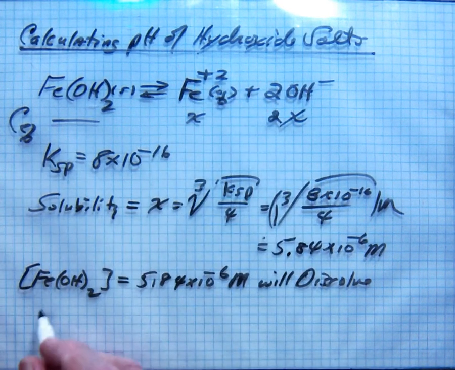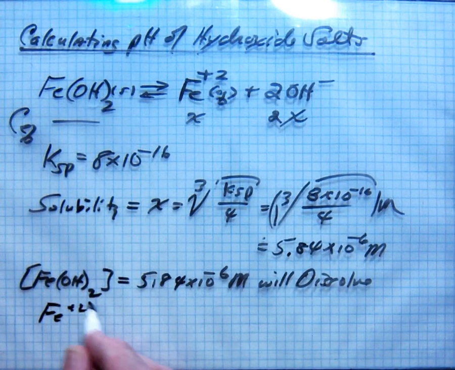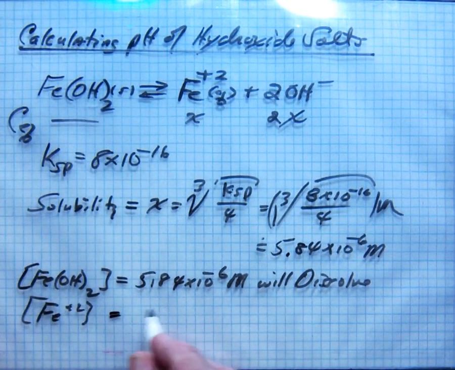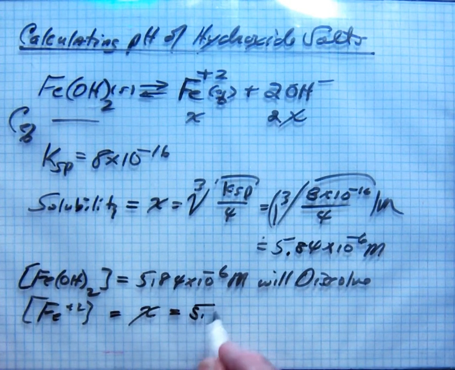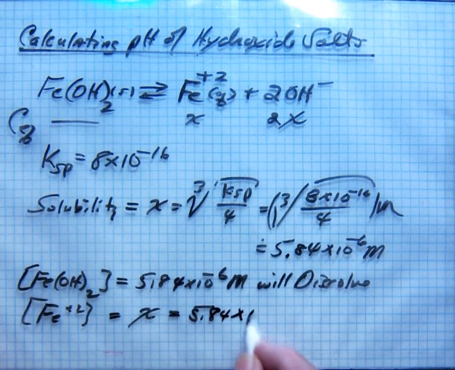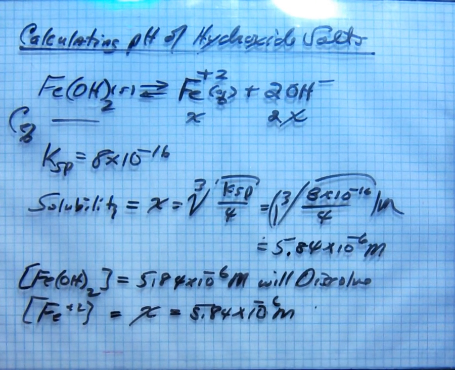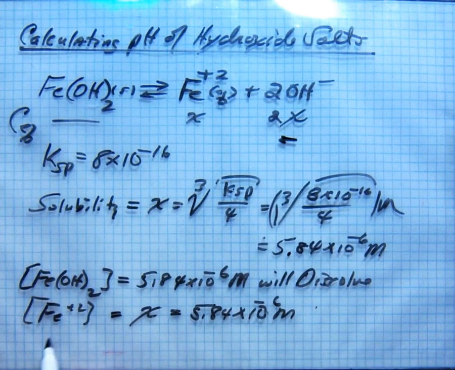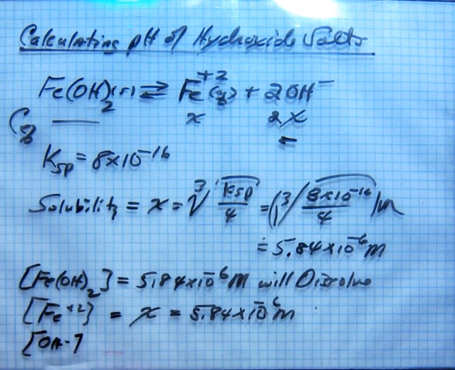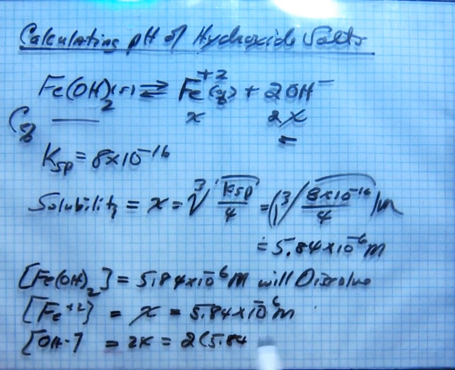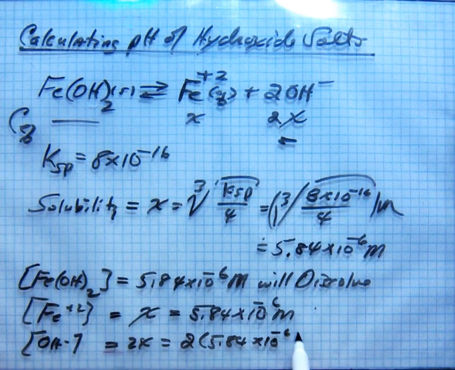However, since iron is a 1-to-1 ionization with the iron hydroxide, it too is defined as X. So you can say the 5.84 times 10 to the minus 6 molar is for iron. But hydroxides, as you see in the equilibrium row here, is a 2X. So your hydroxide ion concentration is 2X, which is 2 times 5.84 times 10 to the minus 6 molar.